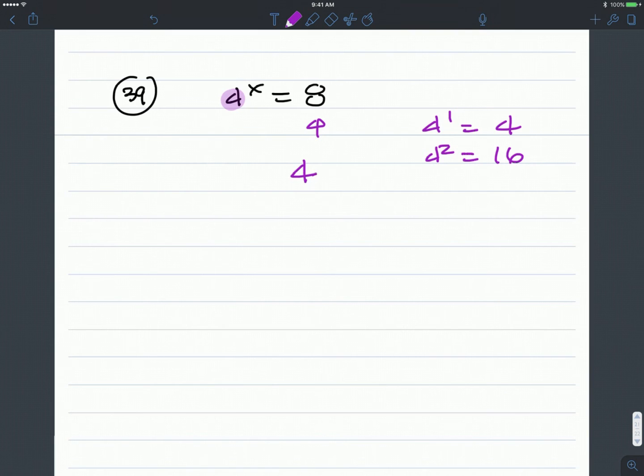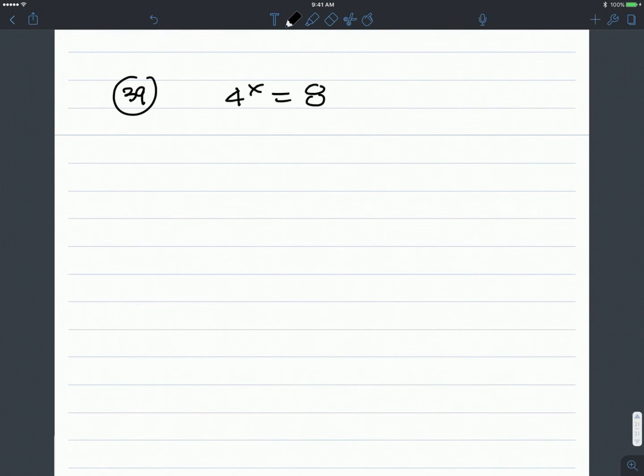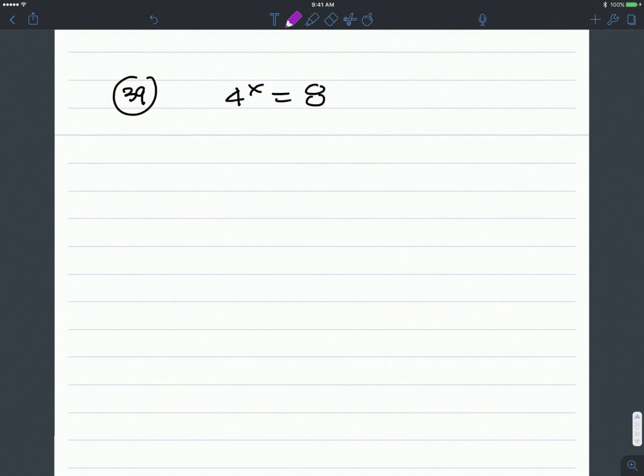Can we write 4 to the power of x as 2 to the power? Yes. Yes. Let's note a few things. You're right. Let me summarize this. Here's the idea. Notice that my 4 can be described as 2 to the second power.